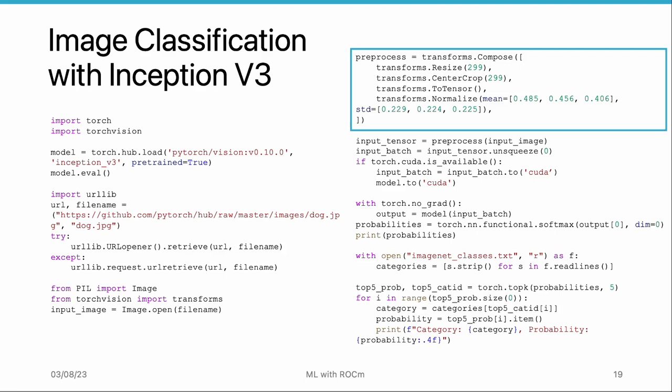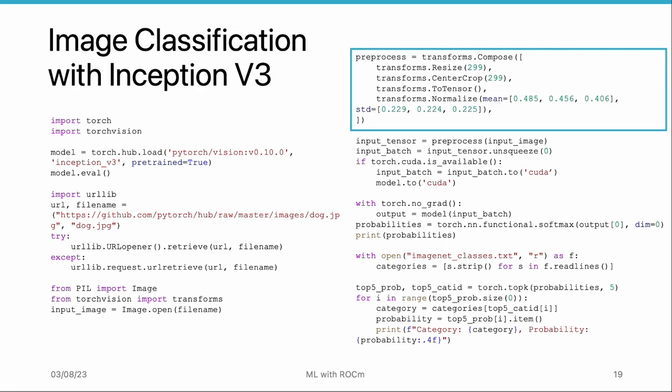This object serves as a container for a sequence of image transformations that will be sequentially applied to the image. The first transformation we apply is transforms.Resize, which resizes the image to a square shape with dimensions 299 by 299 pixels. This specific size is required as the input dimension for the Inception v3 model.